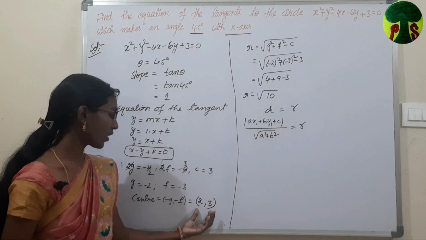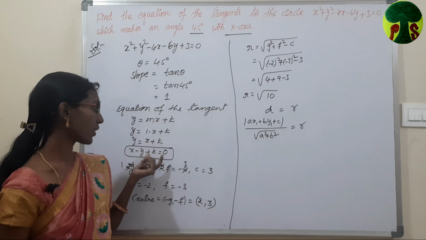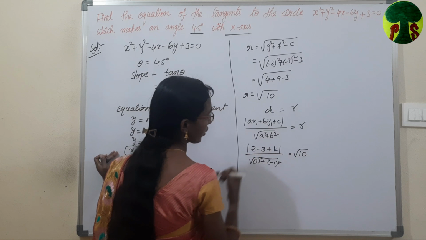Here x1, y1 means 2 comma 3 and the equation of the line is x minus y plus k equals 0. So we will get 2 minus 3 plus k divided by square root of 1 square plus minus 1 square, which is equal to r, that is square root of 10.